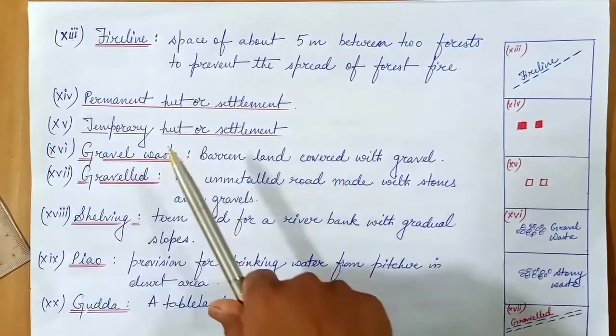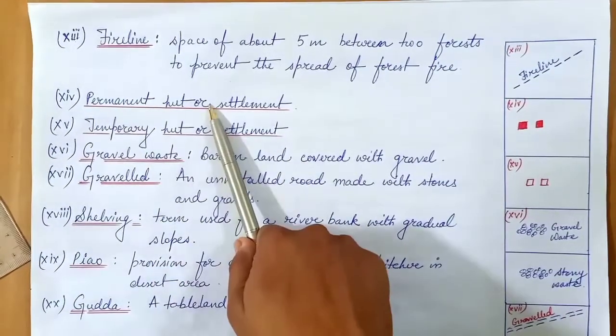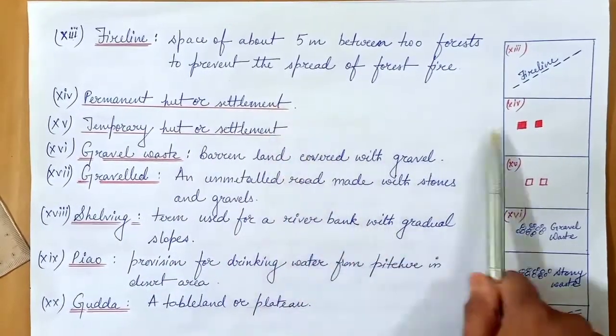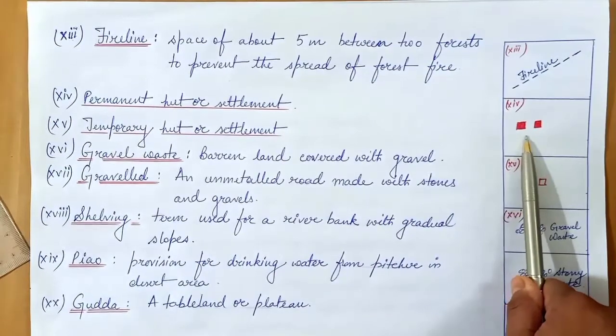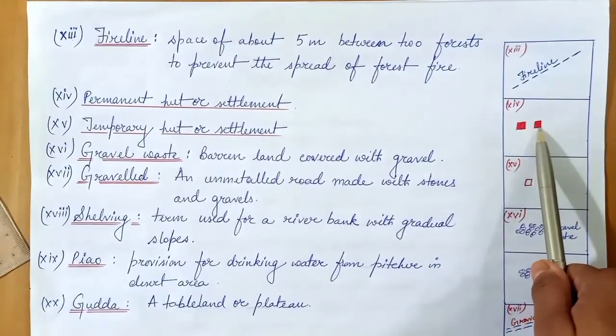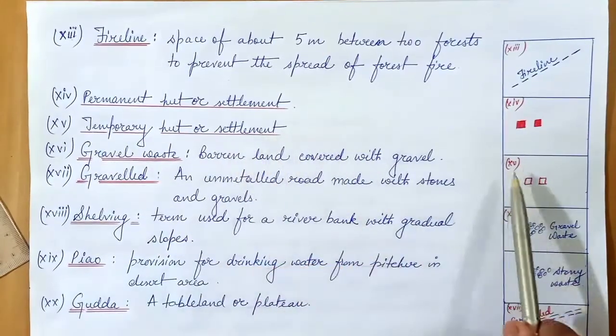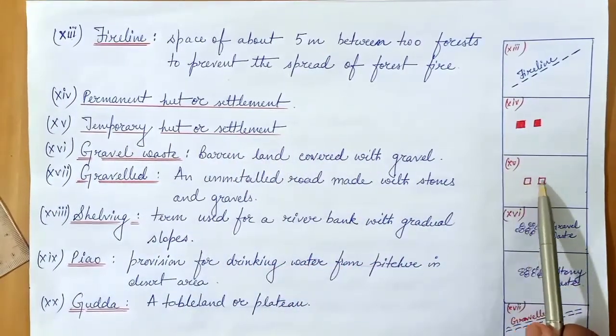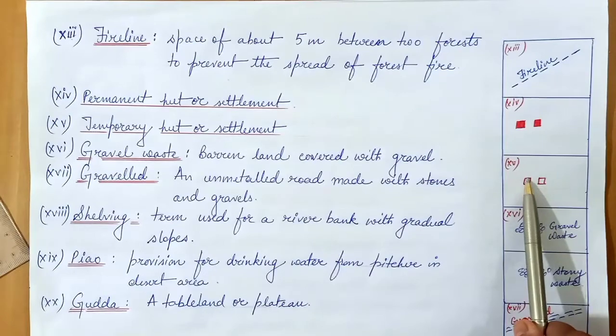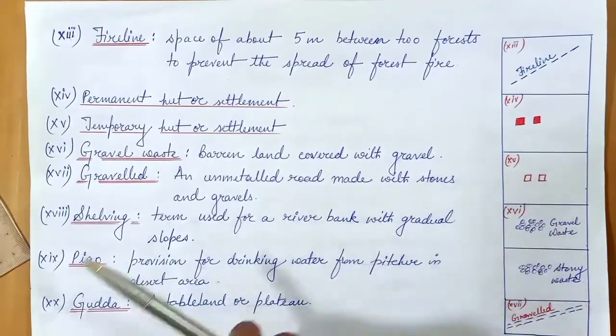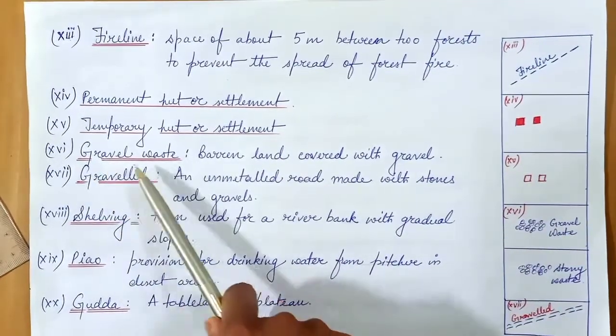In a topographical map, permanent huts or houses are shown in the form of boxes, red boxes, and the temporary huts are shown in the form of only red outlines and the boxes not filled with color. We can also see gravel waste.